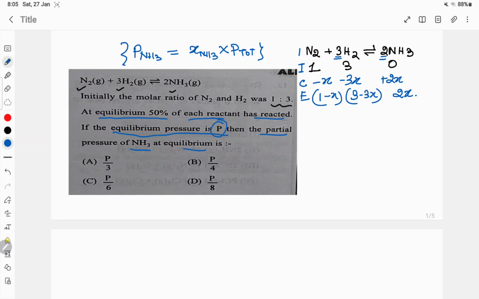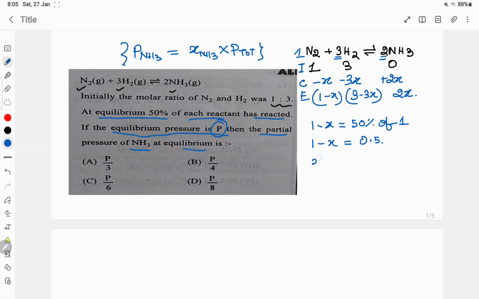Okay, first let's find x. So here it says that at equilibrium 50% of each reactant has reacted. Okay, so here 1 minus x is equal to 50% of the initial mole, which is 1. So 50% of 1, so 1 minus x is equal to 0.5.